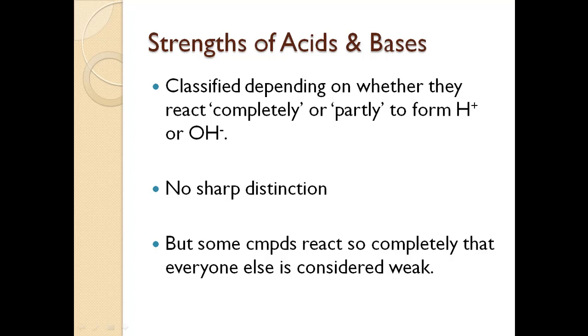Some compounds, like hydrochloric acid, react so completely that everyone else is considered weak. So it's sort of like a relationship. Everything is based off of the strongest ones, because those produce hydrogen or hydroxide ions so strongly and so easily that everyone else is considered a weak acid or a weak base.